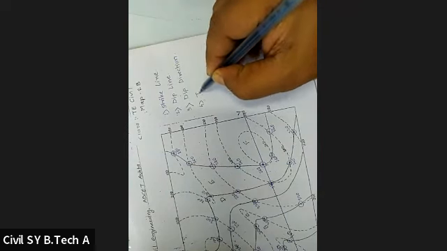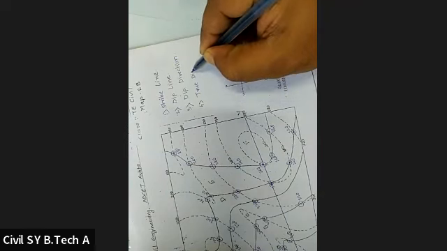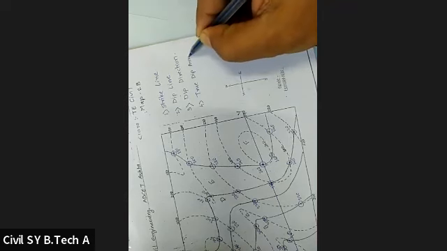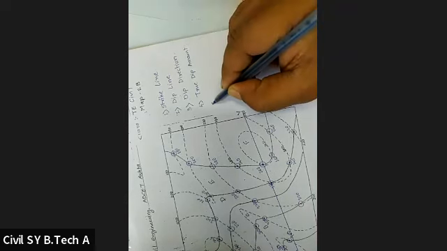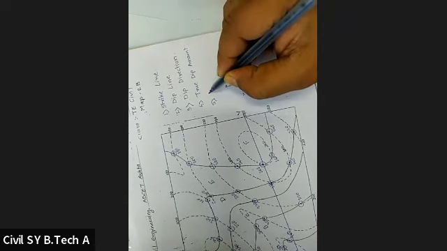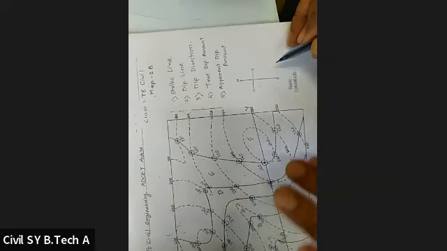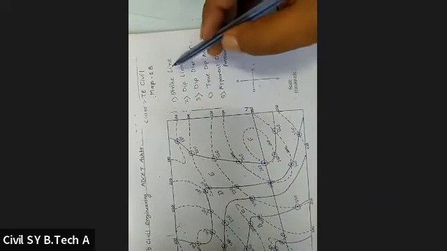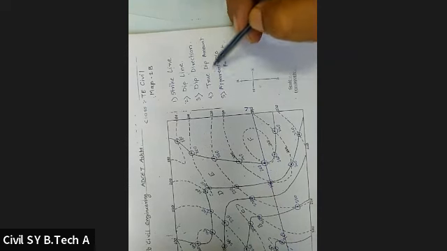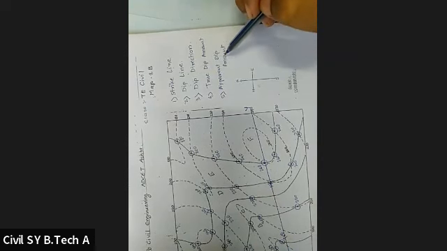Fourth is to draw the true dip amount. And fifth is the apparent dip amount. So we have to follow these steps: strike line, dip direction, true dip amount, and apparent dip amount.